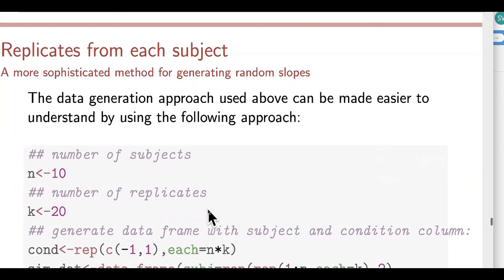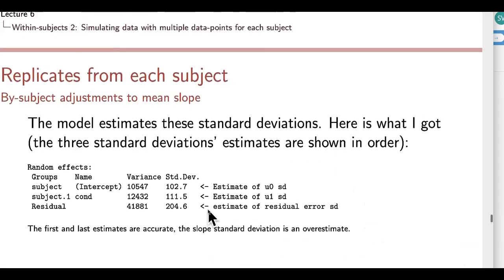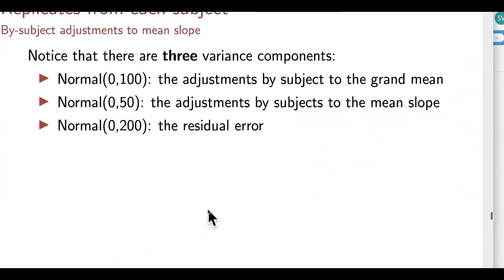All right, so now I want to show you a more sophisticated approach for generating the data, generating the random effects, basically, right? So the way that we have been doing it right now is that we've been using this rep command repeatedly, if you remember.